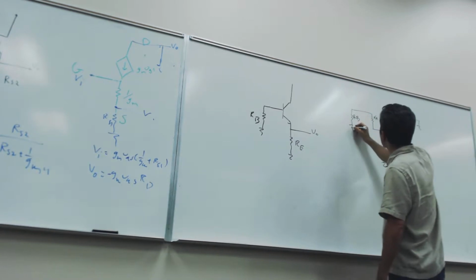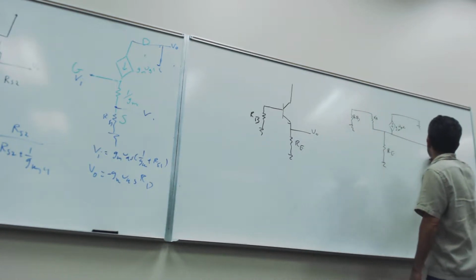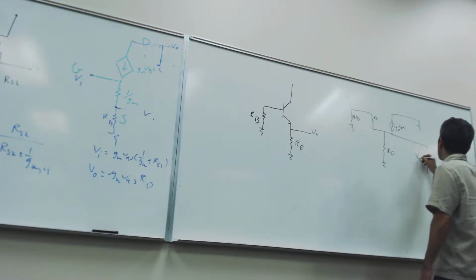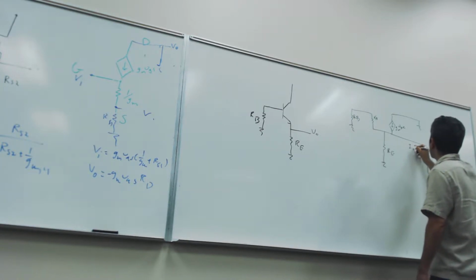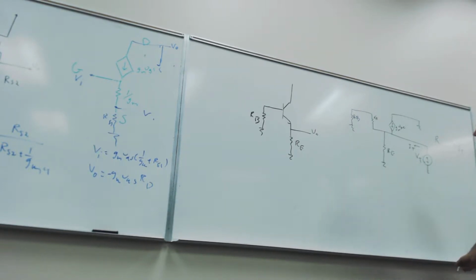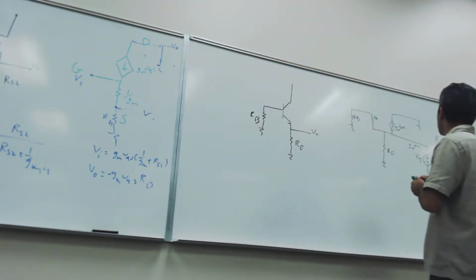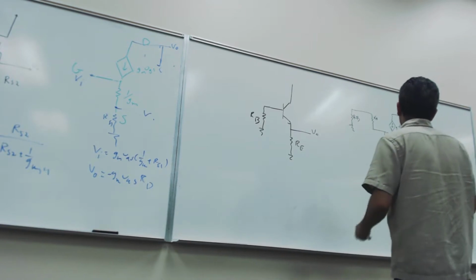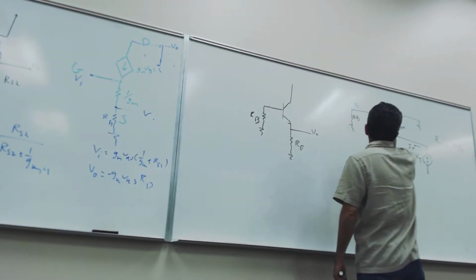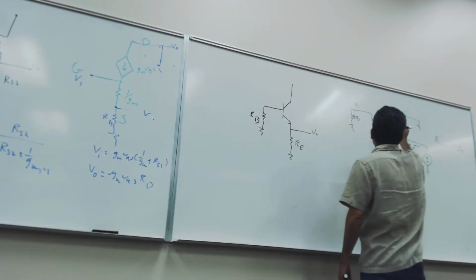That's my RB. And this is my test voltage, VT, IT, and R out is equal to VT divided by IT. So that's what we need to do, right? Okay. So with that in mind, this is B, this is E, this is C.